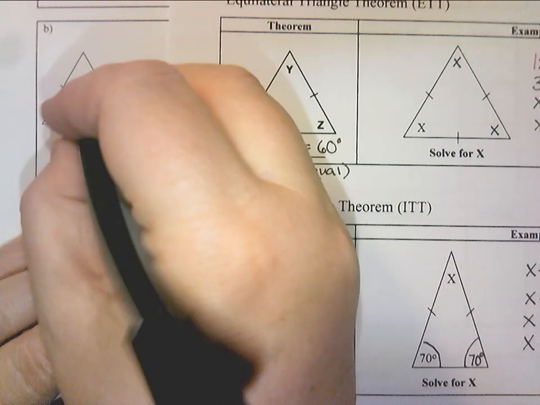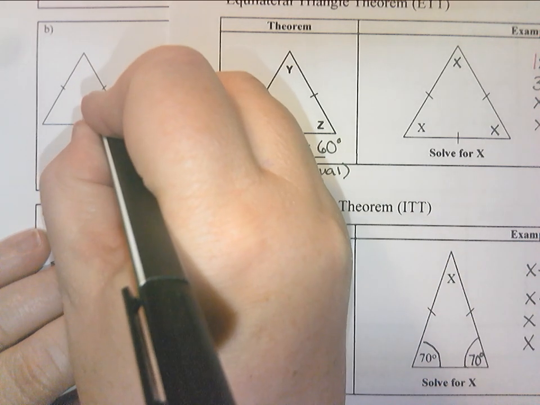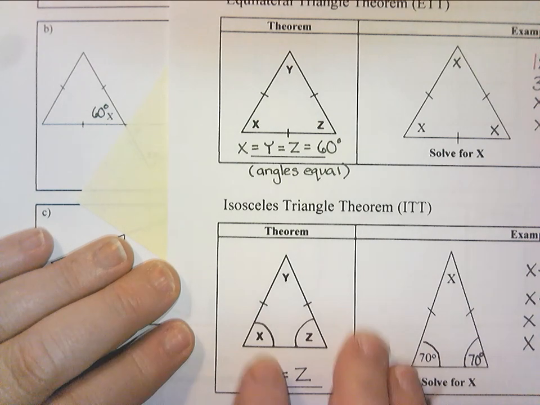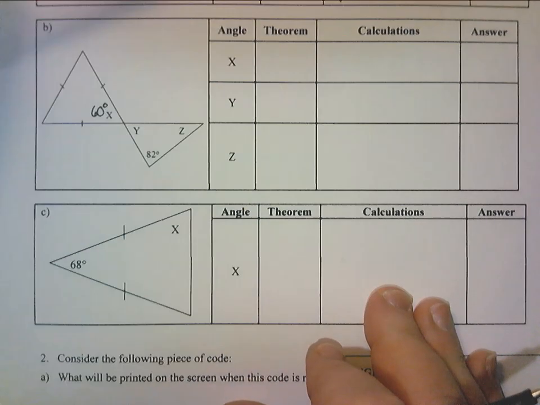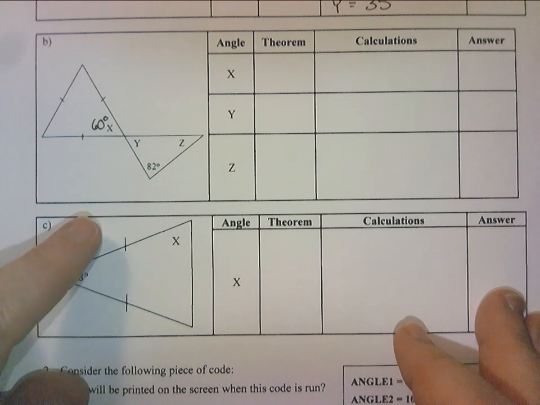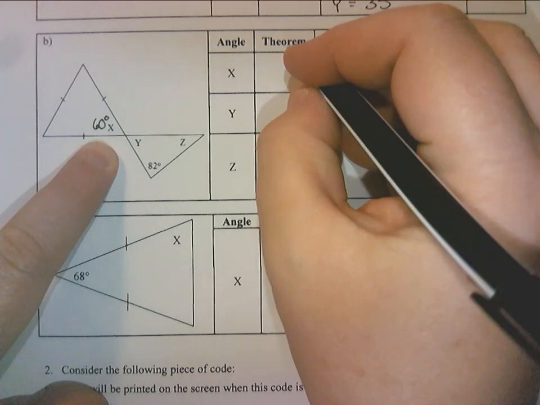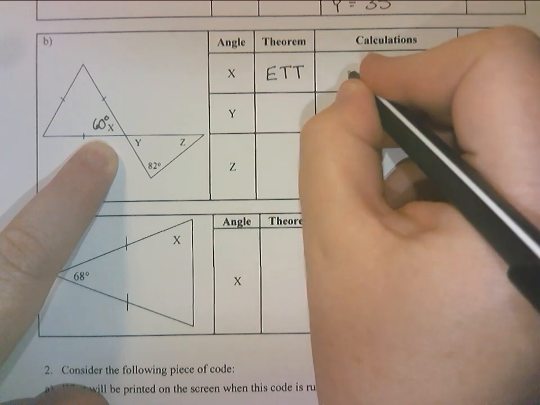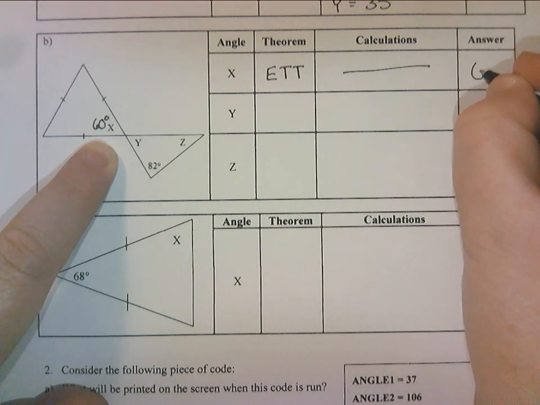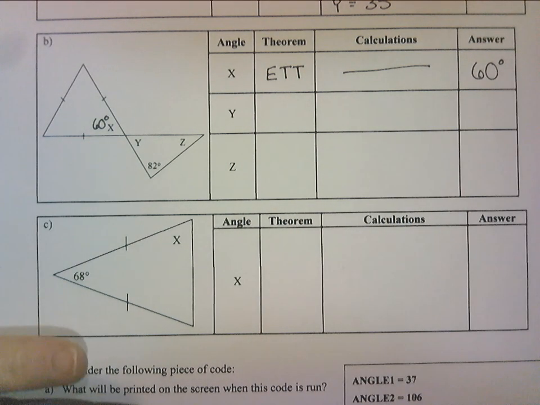So angle X should be 60 degrees because of the equilateral triangle theorem, or ETT. So I'm going to start by filling that in, that our angle X is ETT. I don't need to do a calculation, it's just 60 degrees.